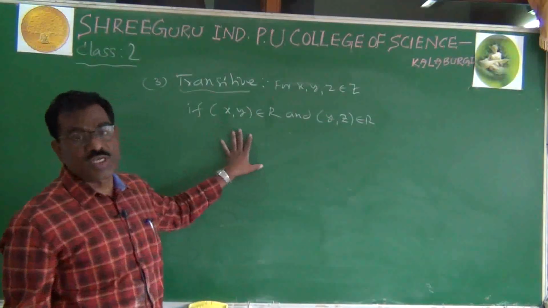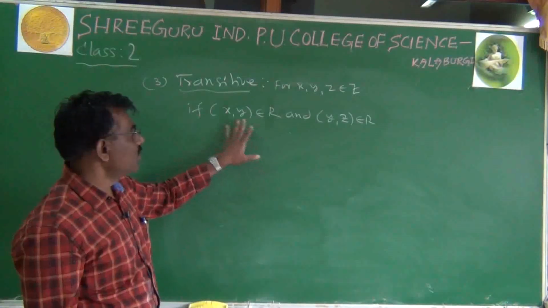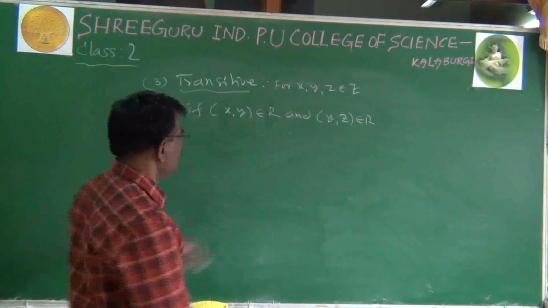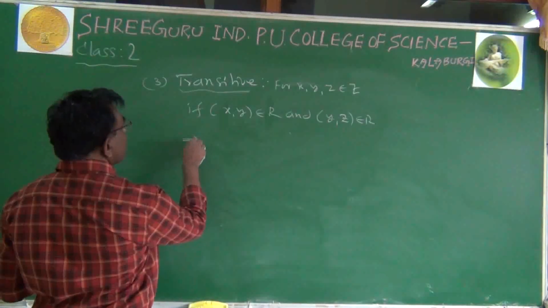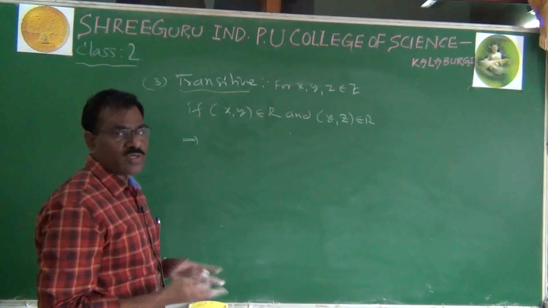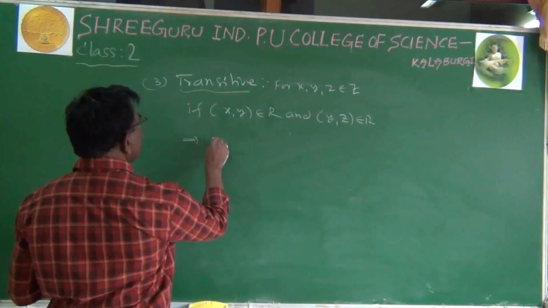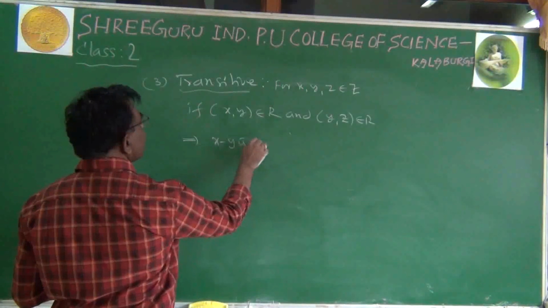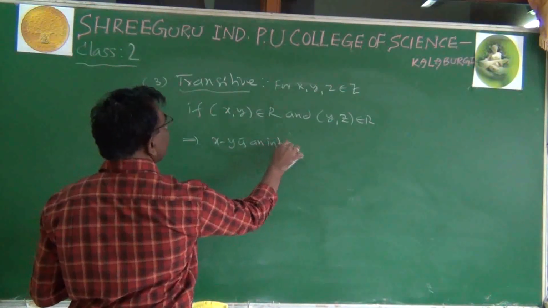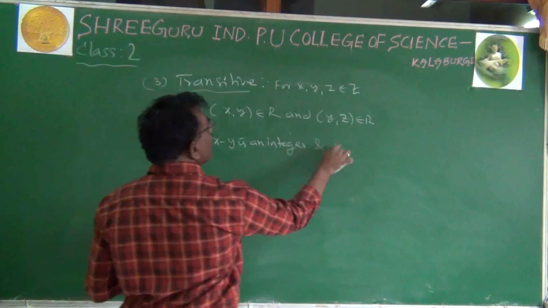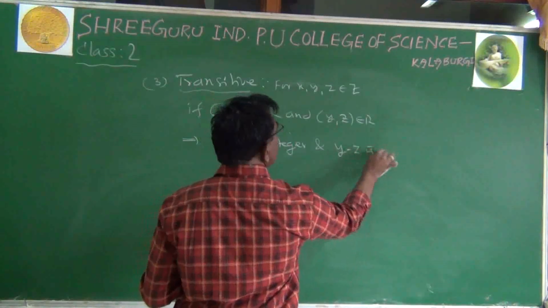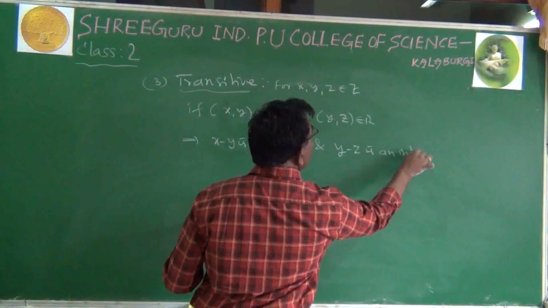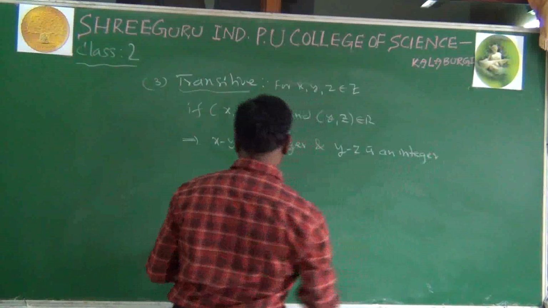So here I am using X, Y, Z that are given. X comma Y belongs to R, Y comma Z belongs to R. Now it implies, by our definition, X minus Y is an integer and Y minus Z is an integer.